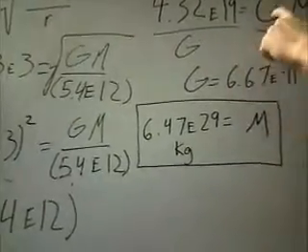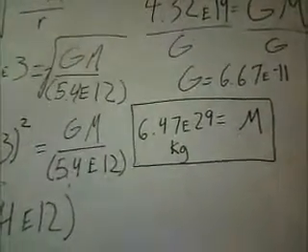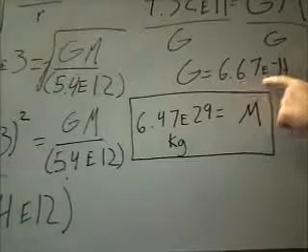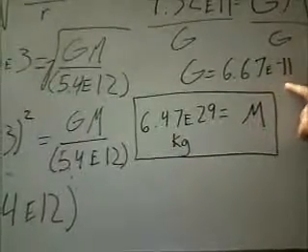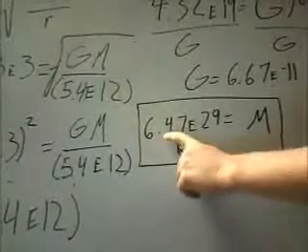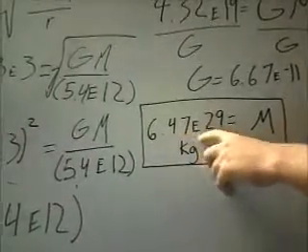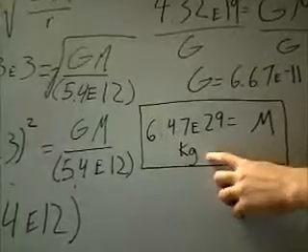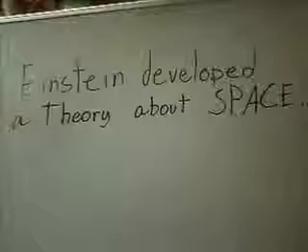Then we divide both sides by G, because G is a constant. G is equal to 6.67 times 10 to the negative 11th. And you're left with 6.47 times 10 to the 29th kilograms, and that is the mass of the planet.